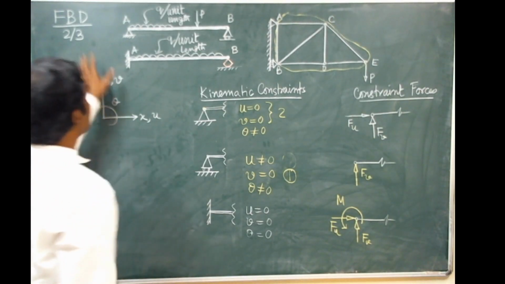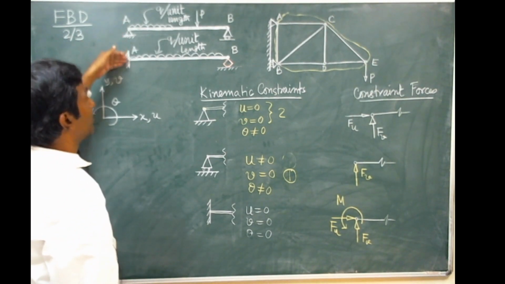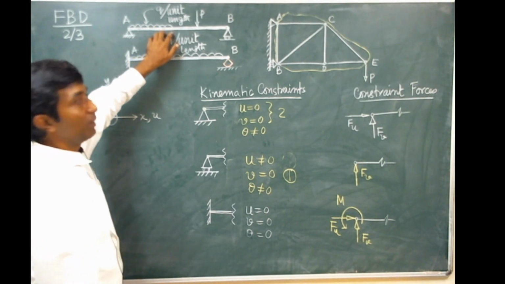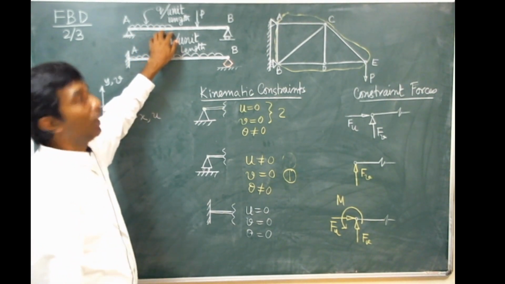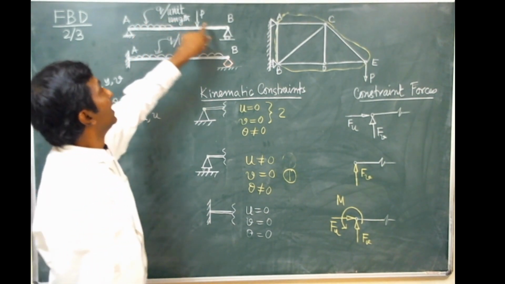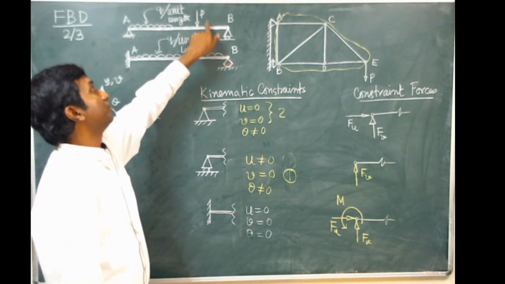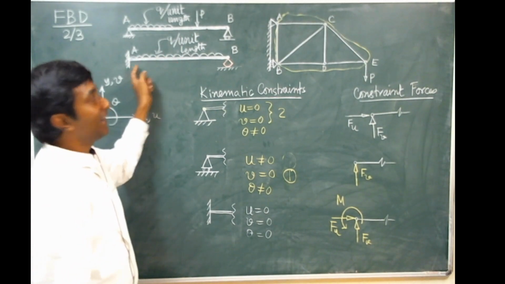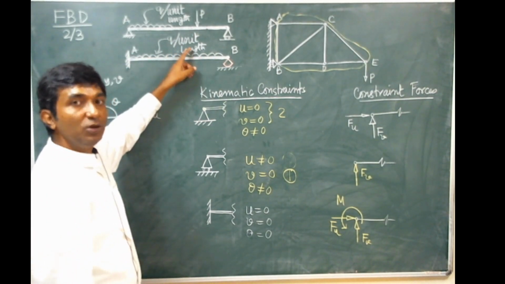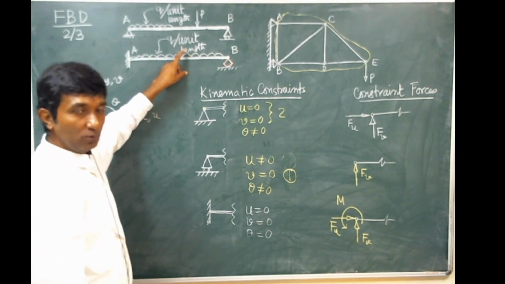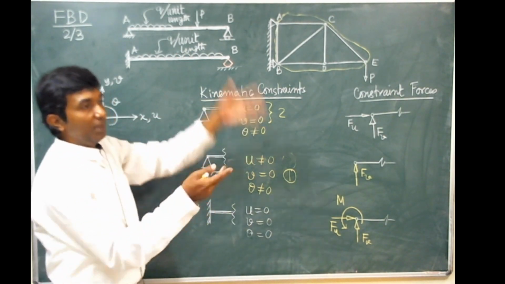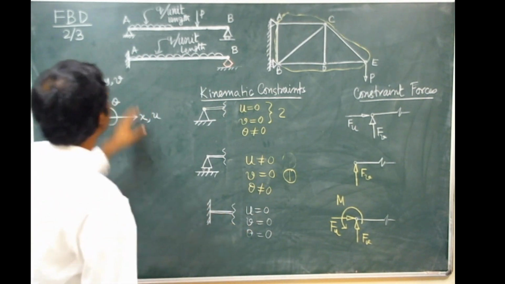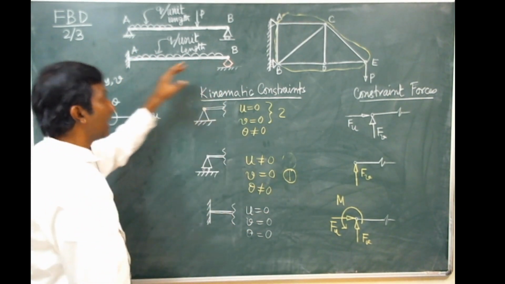Coming to the second group of problems, here we consider two different beams. The first one is subjected to a uniformly distributed load of intensity q up to certain lengths. Further, there is a concentrated force P at some location. In the second one, the entire span is subjected to a uniformly distributed load of intensity q. So there may be a situation where this distributed load may not be uniform, but we are not considering that at this moment.